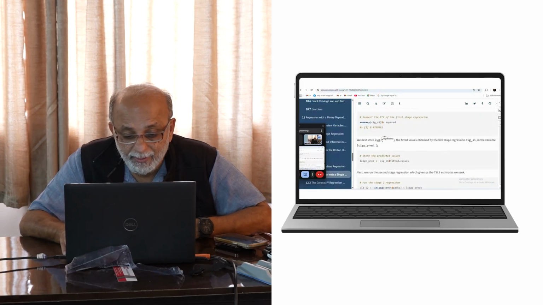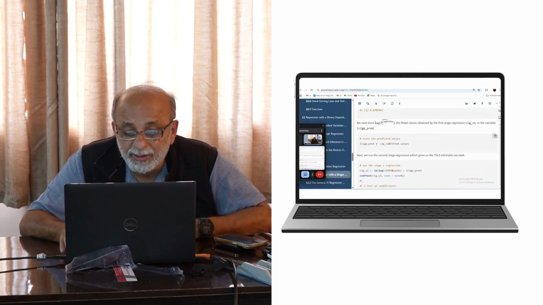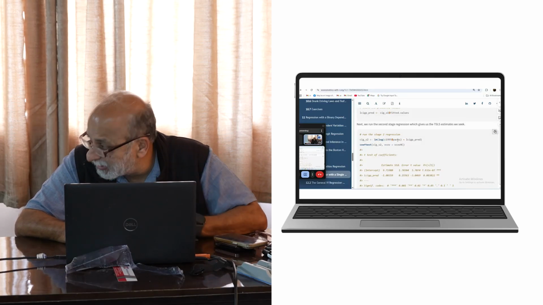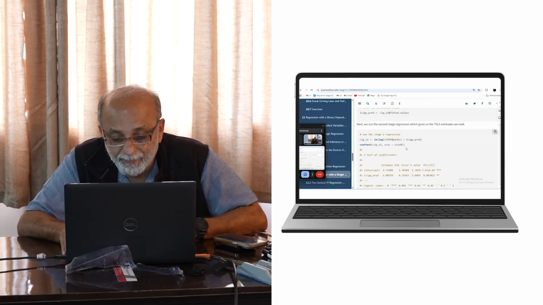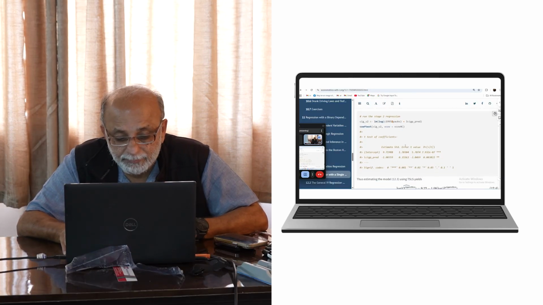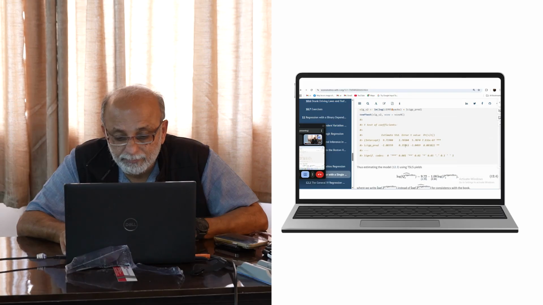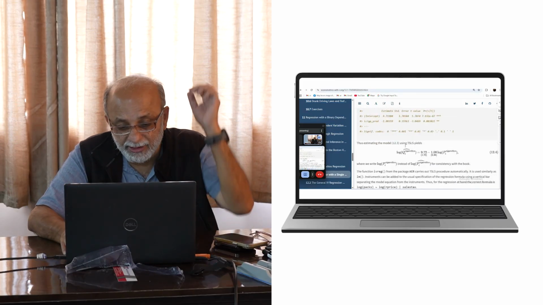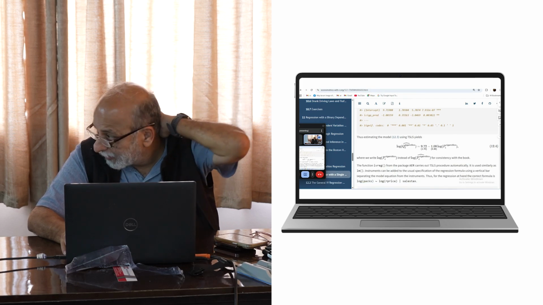Now in the second regression, the demand, the sale of packs, is regressed on LCIG P pred. So this is the kind of model you get, which is the two-stage least squares model.